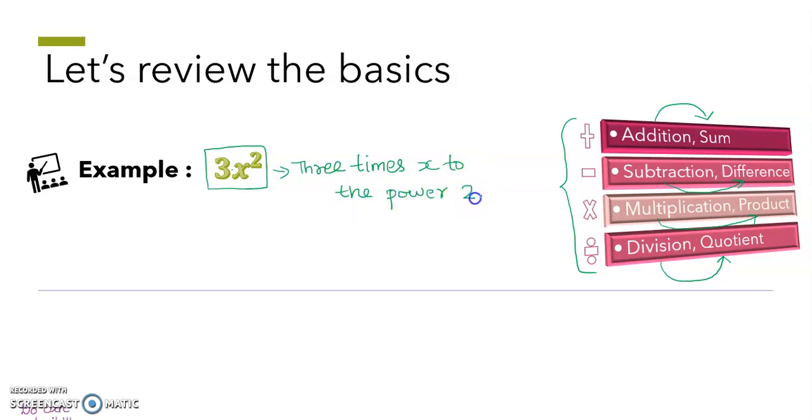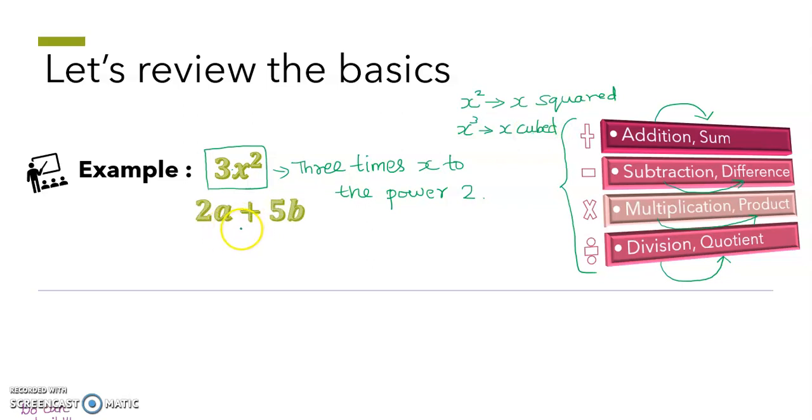In a mathematical way, instead of saying x to the power 2, you can also say x squared. In the same way, you can say x to the power 3 as x cubed. Both are right.